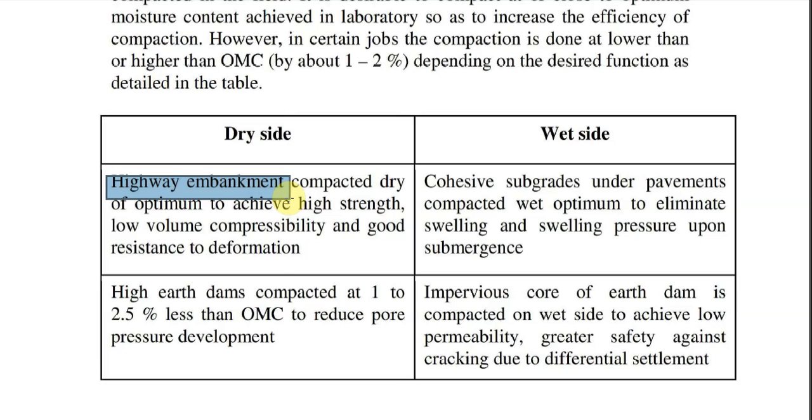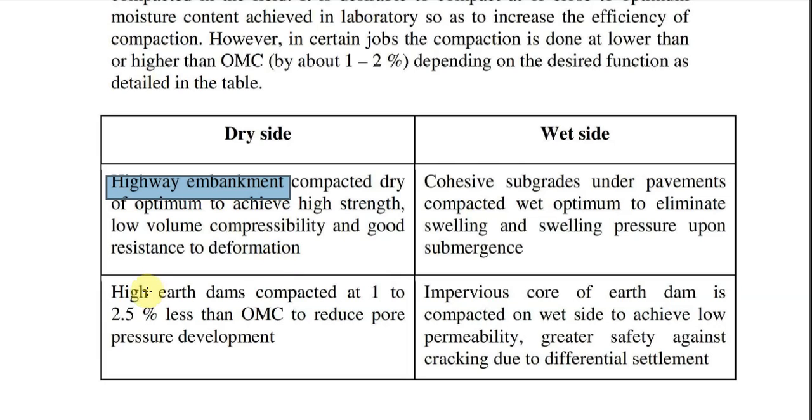That is, the water content is less than optimum moisture content because we need the soil to have high strength and the compressibility of the soil should be low because if the soil compresses, the road above the soil will also get compressed and the road will get damaged. So when you're compacting soil for the highway embankment, it is compacted on the dry side.